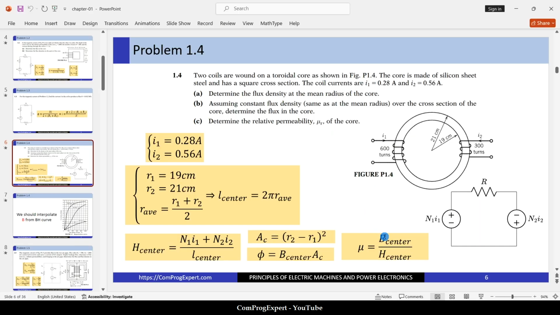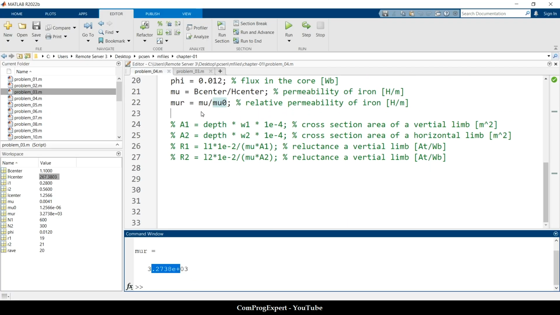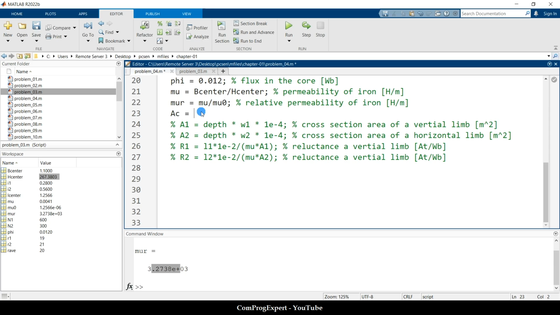Anyway, now let's calculate the flux assuming this condition, the constant flux density. The area of the core is this one. The AC is R2 minus R1 to the power 2 times 1e minus 4, because I want to calculate it in meter square.